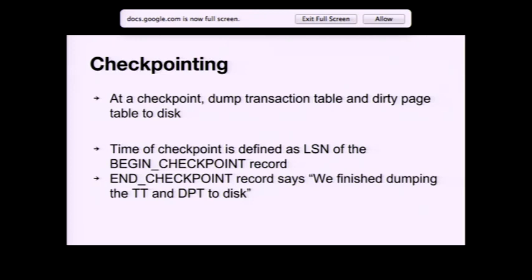And then at some point shortly after that, we'll have an end checkpoint record, which says, all right, we are done dumping the transaction table and the dirty page table to disk. Those are now written on disk. So we essentially use checkpointing just to make recovery a little bit easier. And I'll get to that right now, actually.